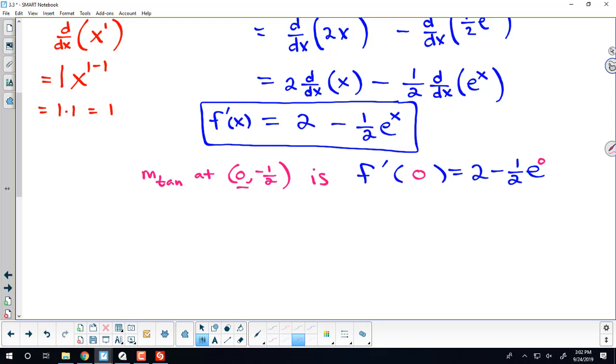What is 2 minus 1/2 e to the 0? 1.5, right? That's 2 minus 1/2. So on the given function at the point 0, negative 1/2, it has a slope of 3/2.